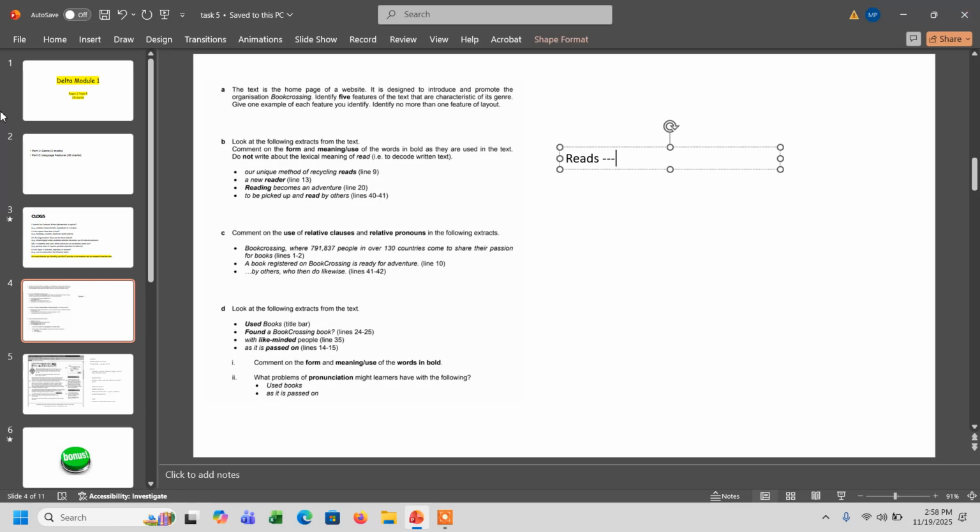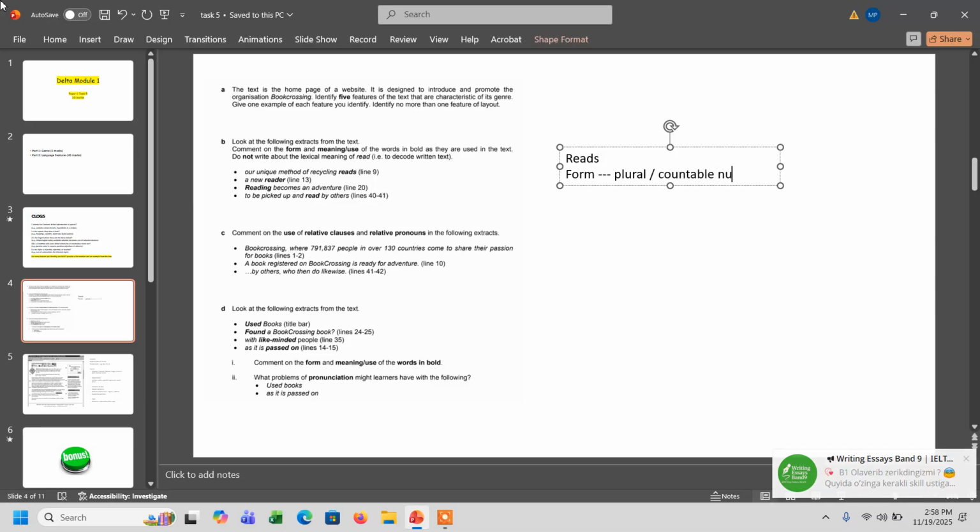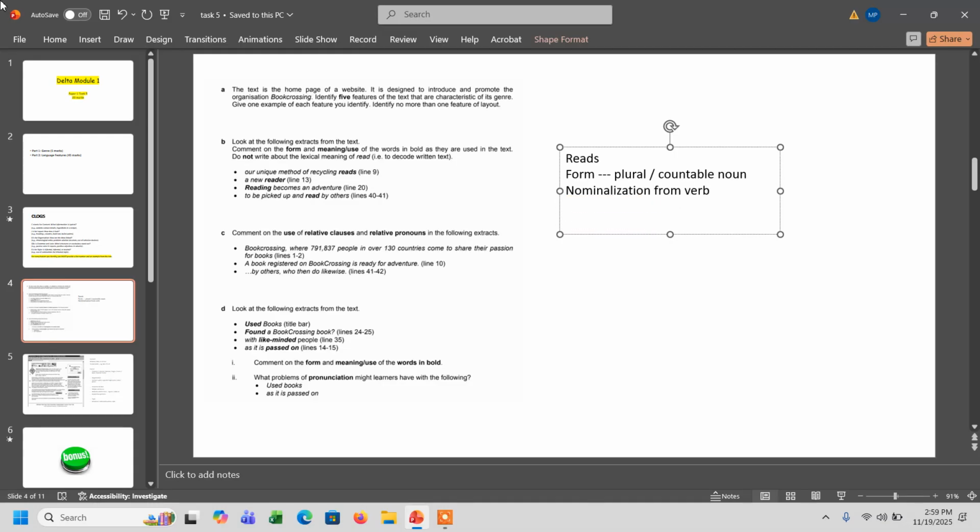So form: plural and countable noun, because we can see it puts s. And this is nominalization from the verb read, and then we make it a noun. Okay, this is the first one.